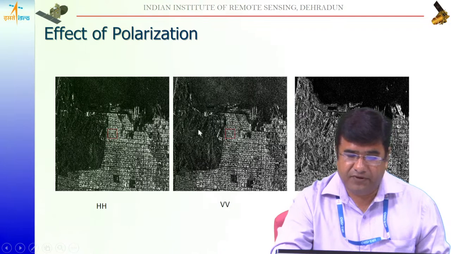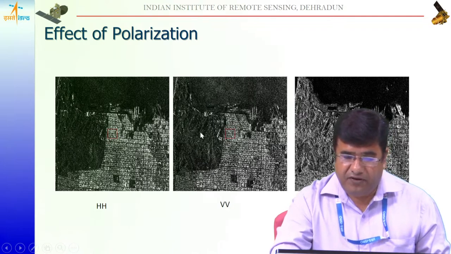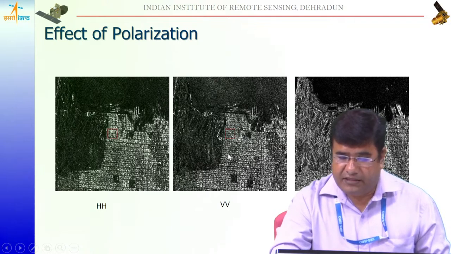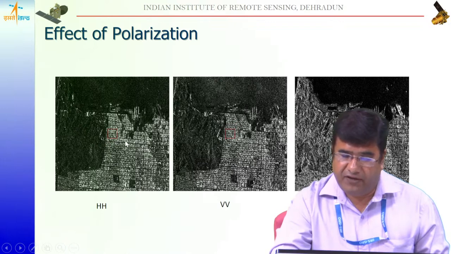Here in the HH and VV it is the same, and in the VV it is somewhat larger. And here you can see this is the buildings area. This building area always has the corner reflector effect in every polarization.